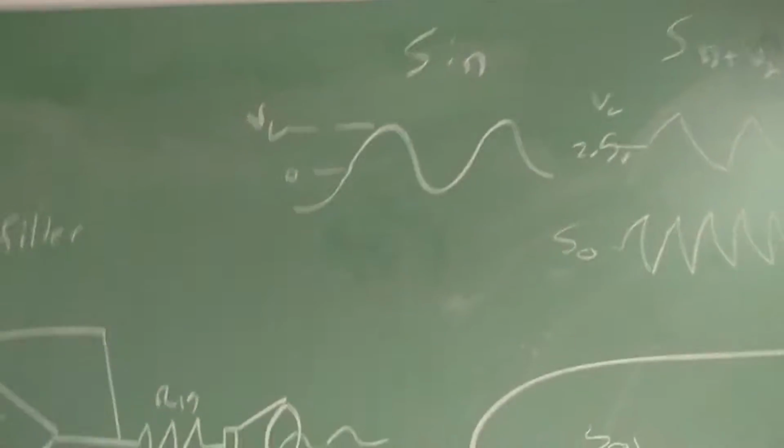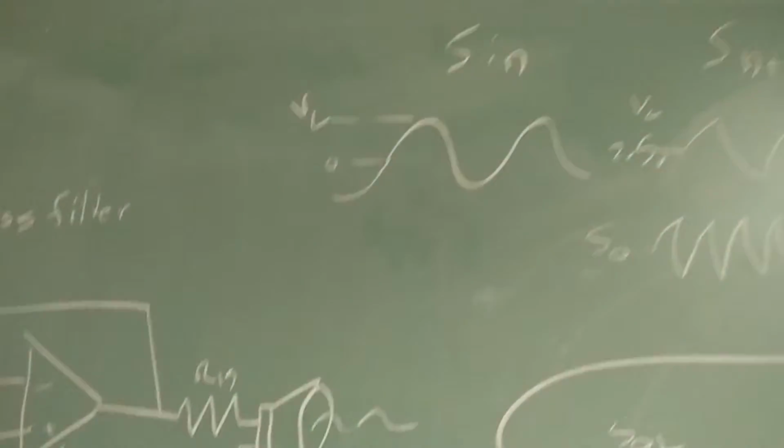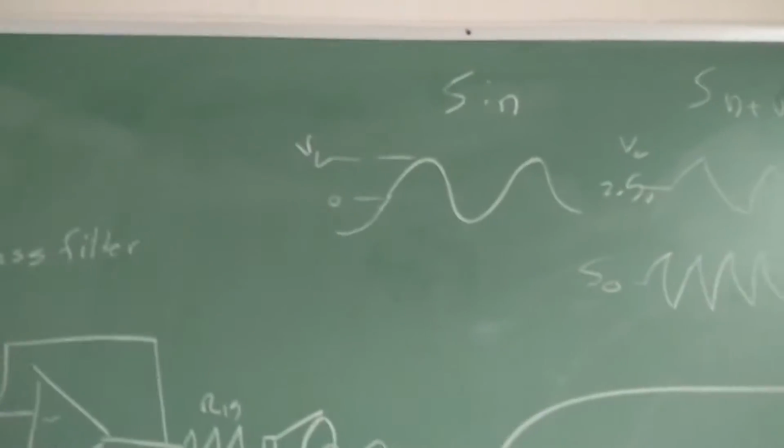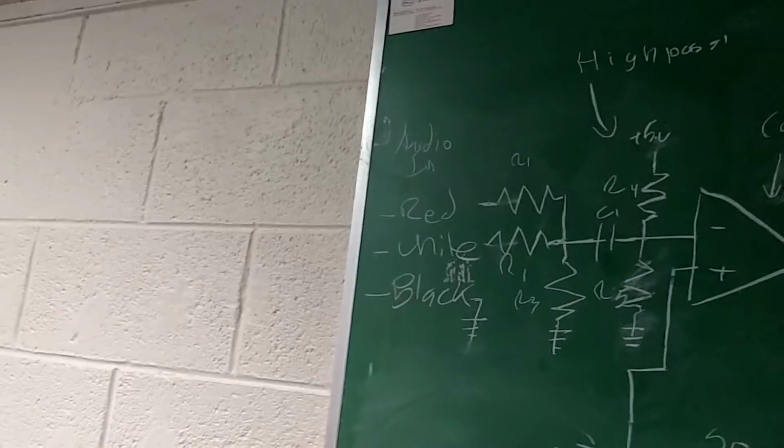So to start, when the signal first comes in, it's like a sine wave with varying frequency, which produces the sound at different audio frequencies. So that's S in, and that is right at audio in.